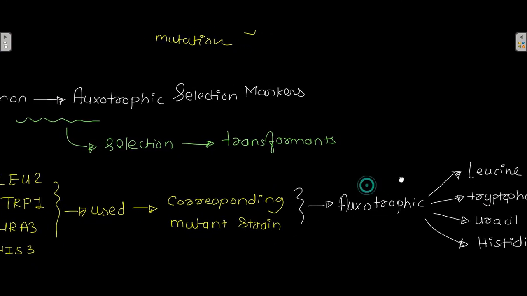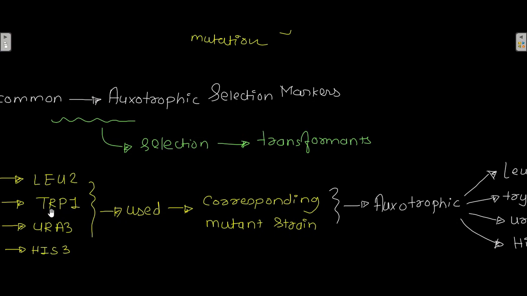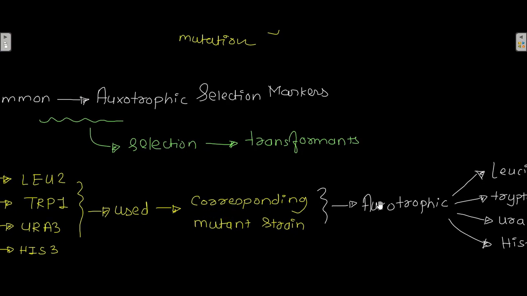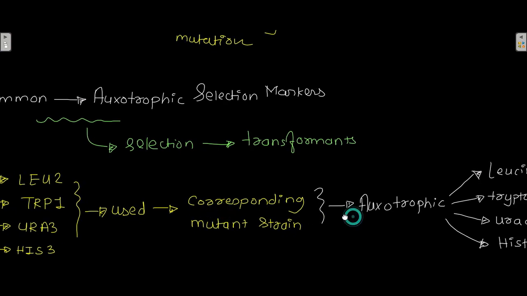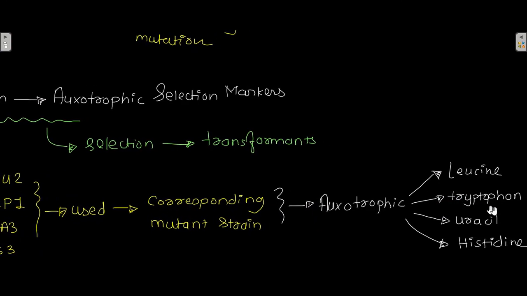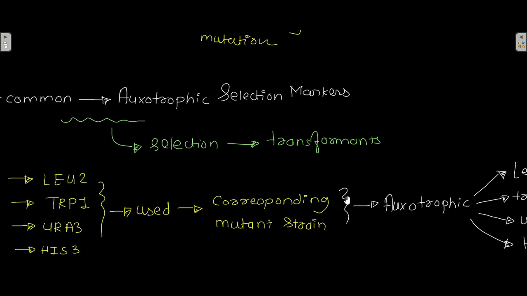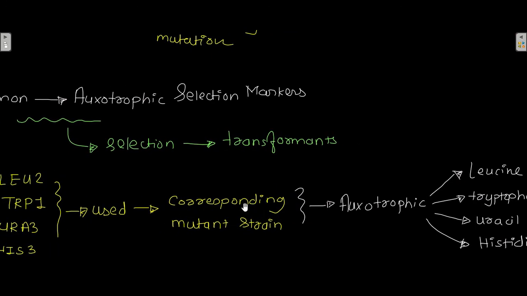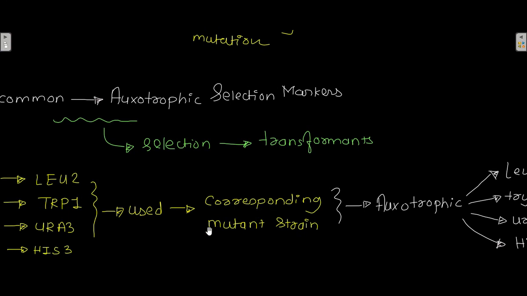If you are using TRP1 as your genetic marker, then the auxotrophic mutant should be auxotrophic with respect to tryptophan. For URA3, it should be uracil, and for HIS3, it should be histidine.